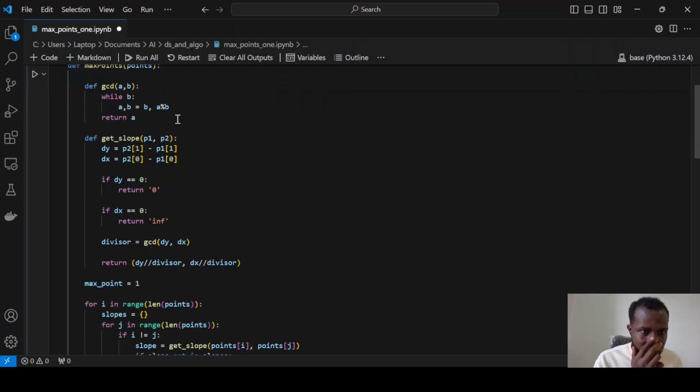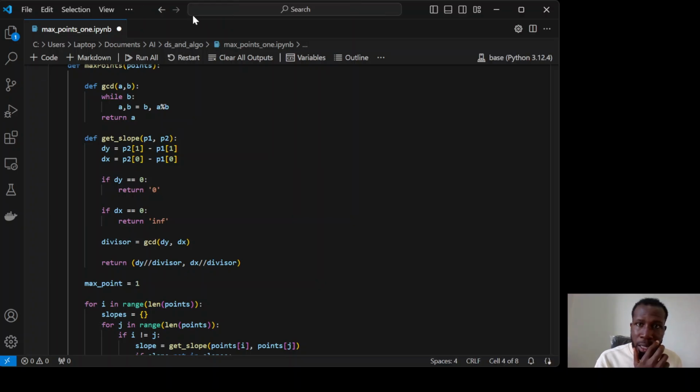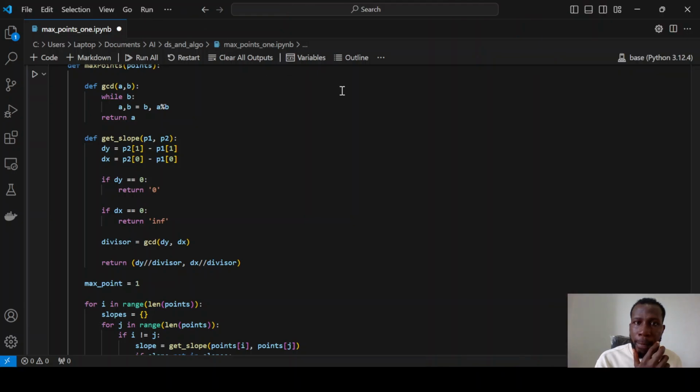So what we're going to do is leave this function now and put it in the equation here. We just simply copy it and type it here.